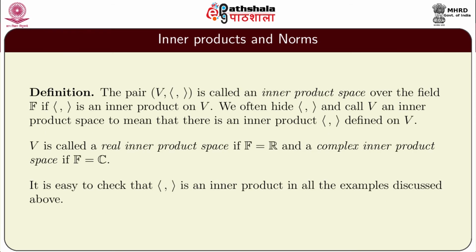We finally define what is called an inner product space. The pair V comma inner product is called an inner product space over the field F if the inner product function satisfies all the properties of inner product on a vector space V. We often hide that inner product symbol and call V an inner product space to mean that there is an inner product defined on V. V is called a real inner product space if the base field F is the field of real numbers, and a complex inner product space if the base field F is the field of complex numbers.